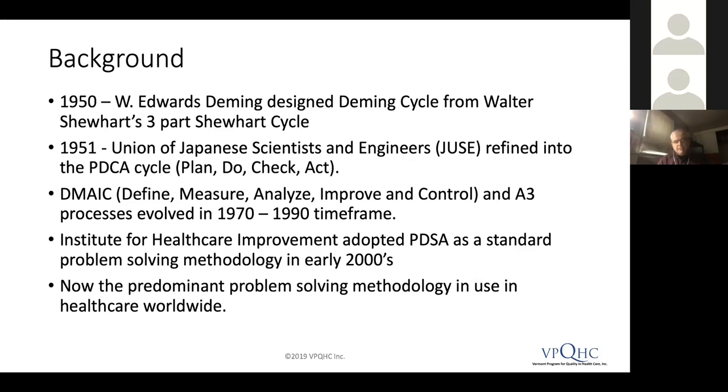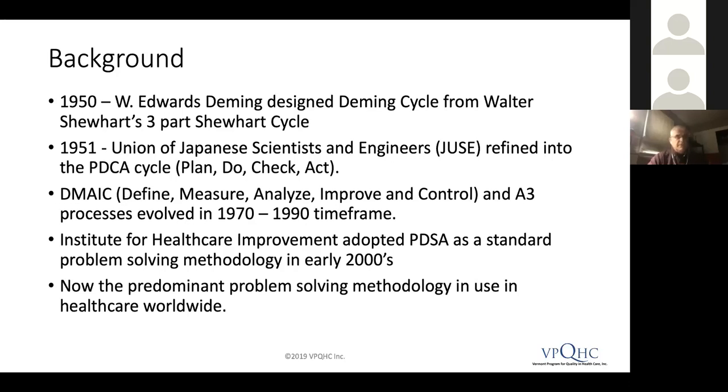And then, of course, Deming was invited over to Japan to talk to the Union of Japanese Scientists and Engineers, or JUSE. And they then took that concept and refined it into what they called the PDCA cycle, the Plan, Do, Check, Act.